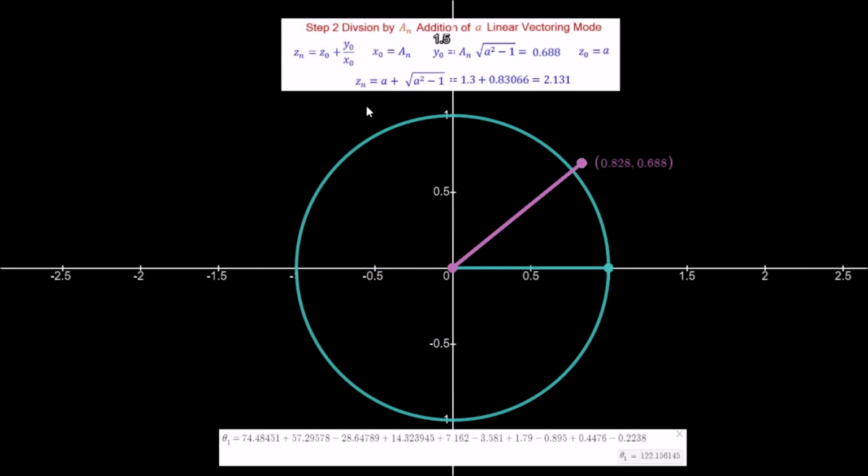Now again, we're going to be using the linear vectoring mode. So we're going to look at this height here, which is our y, and we're going to add on and subtract off the requisite angles in order to ensure that this value of y tends to 0. So let me go ahead and I'll do that now.